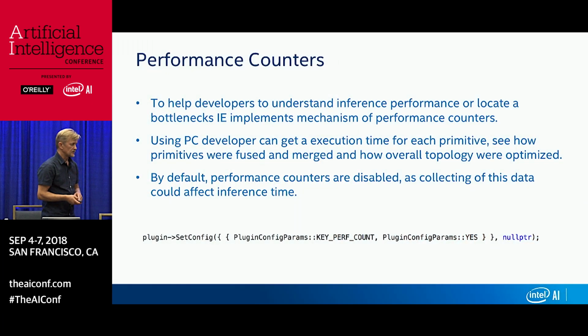Another interesting feature we have inside the DLDT is performance counters. Using performance counters, you don't need to use low-level debugging to understand what's going on with your topology. It will provide information about each layer executed in the topology: layer name, layer type, layer execution kernel, and the time of each kernel.